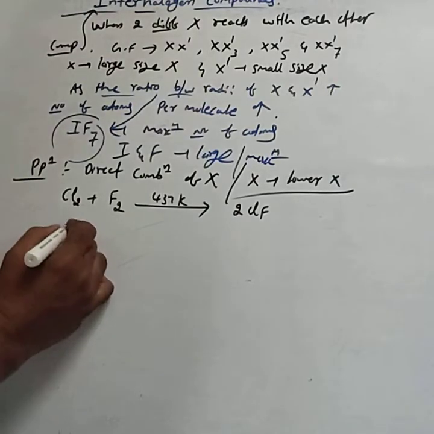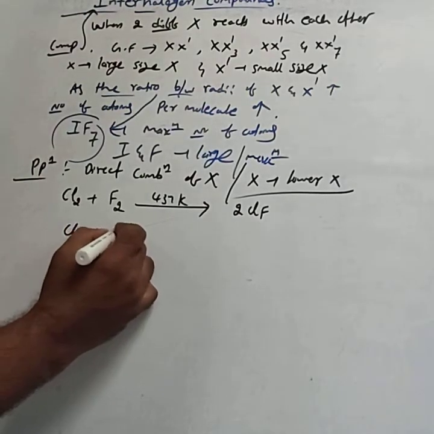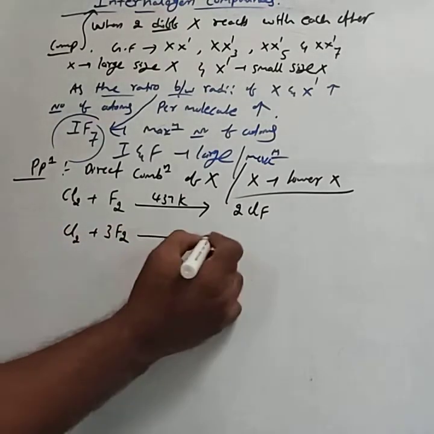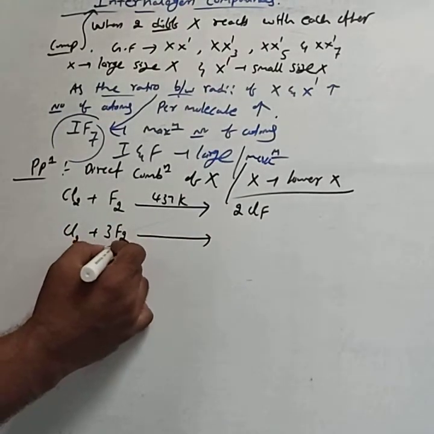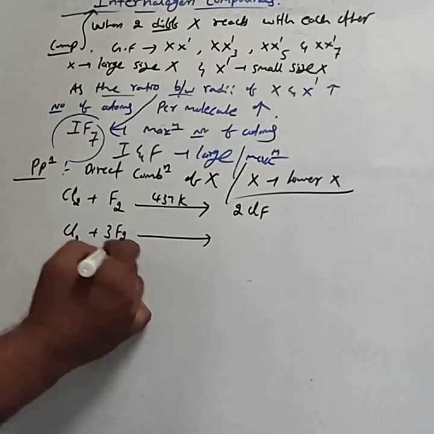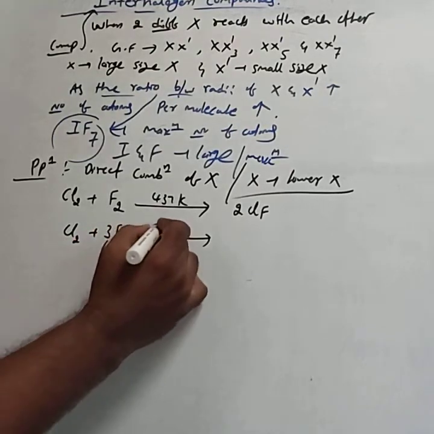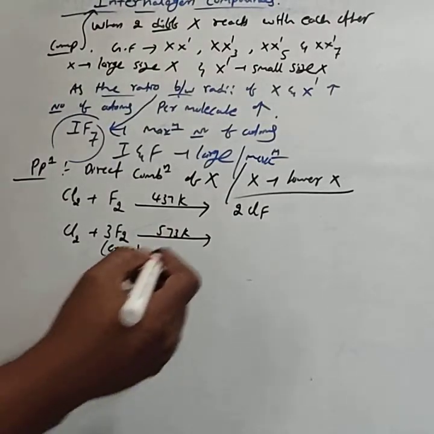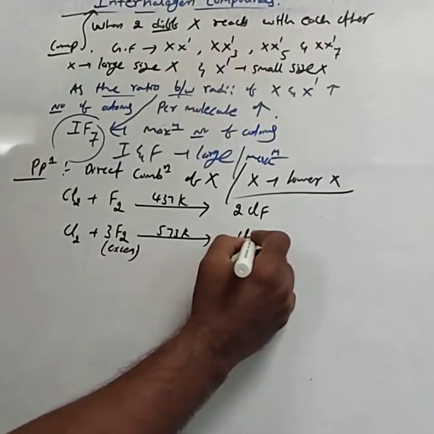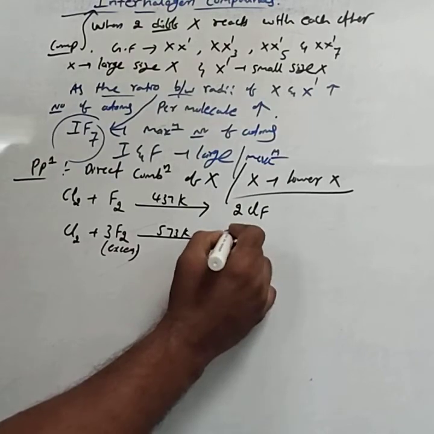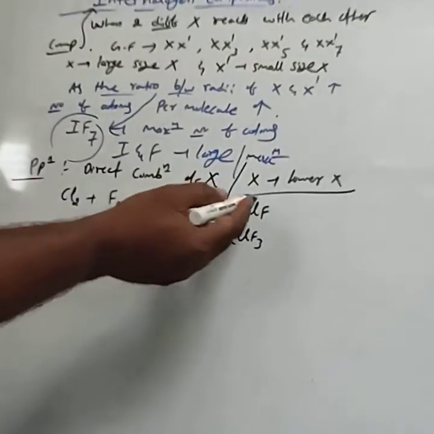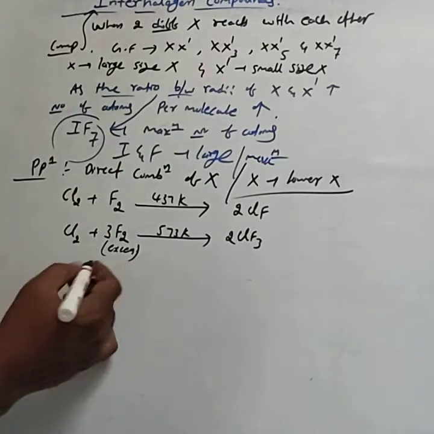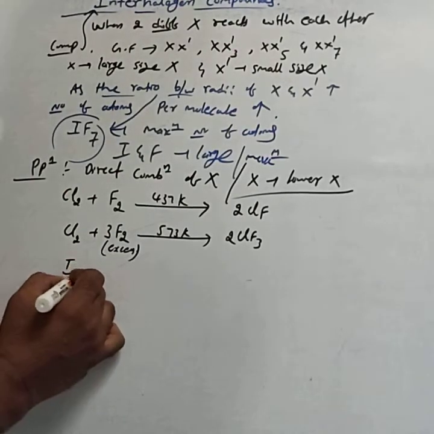Or Cl2 plus 3F2, with fluorine in excess, at 573 Kelvin, gives 2ClF3. Just remember the product side, they will give the reactants. They are all used for completing the equations only.